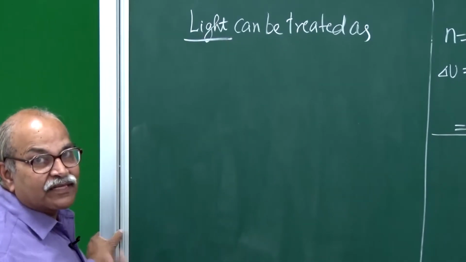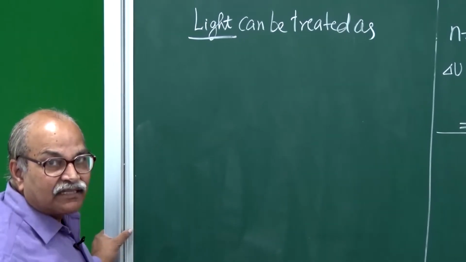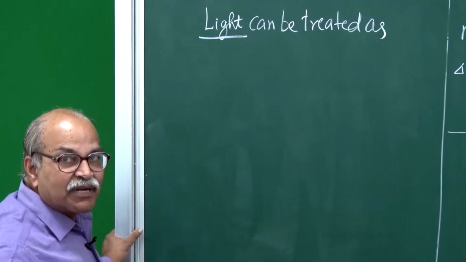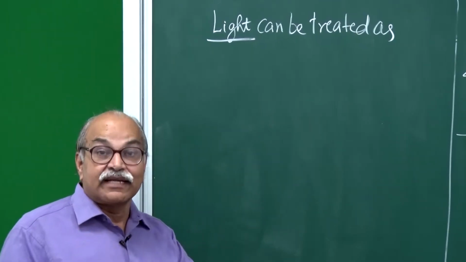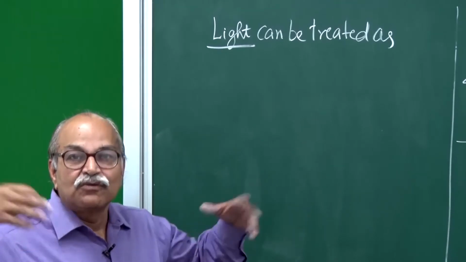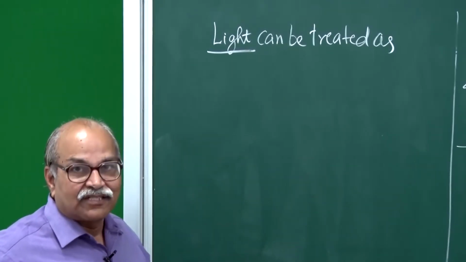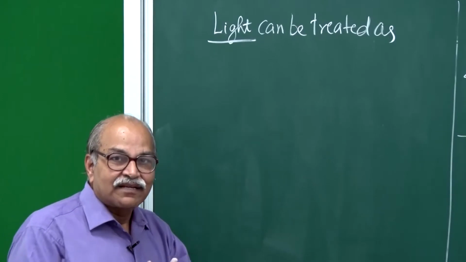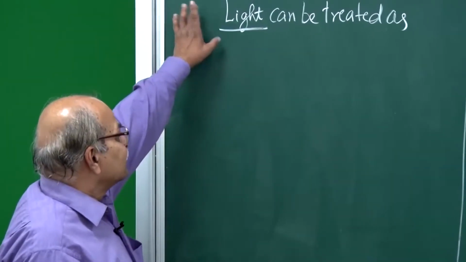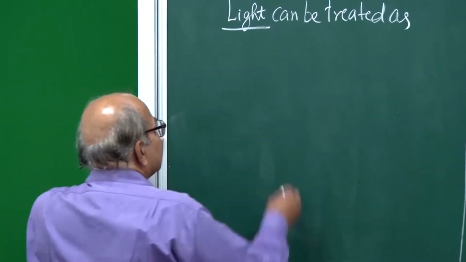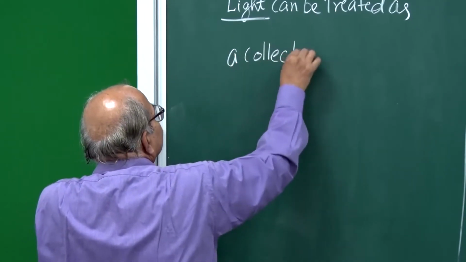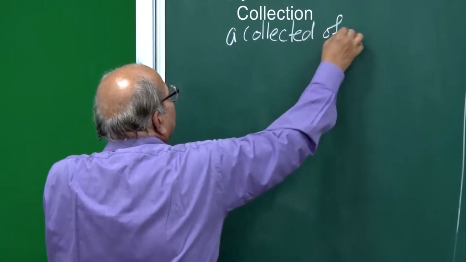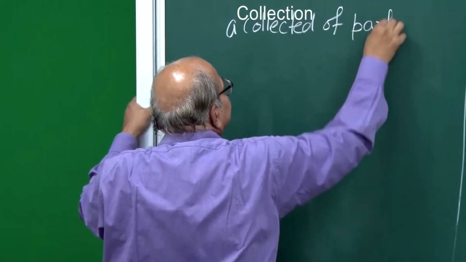If the wavelength lies in the visible range, 400 to 700 nanometer, we generally call it light, and if it lies outside that, we call it radiation. Light is also electromagnetic radiation, in that sense. So light can be treated as a collection of particles.